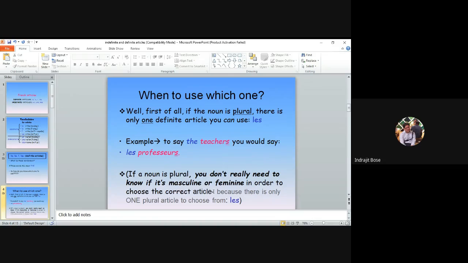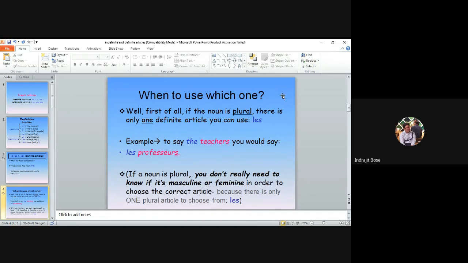If a noun is plural, you don't need to know whether it is masculine or feminine to choose the correct article because there is only one plural article to choose from, that is les. So it will not make a great deal of difference over there. But it's going to make a world of difference if it is masculine singular or feminine singular, because we cannot possibly use le or la interchangeably.